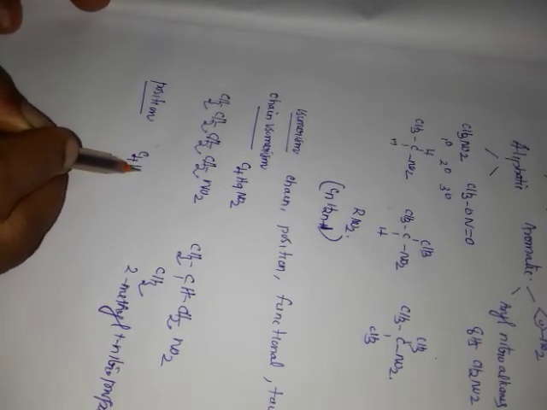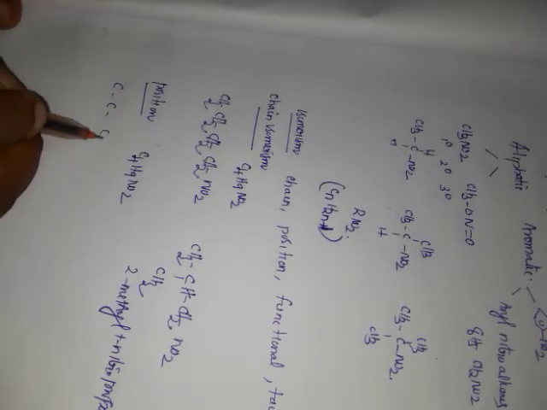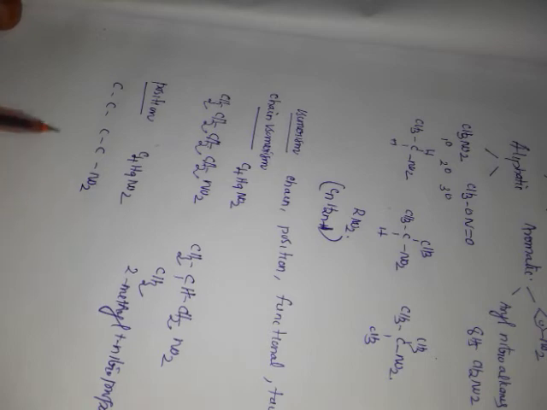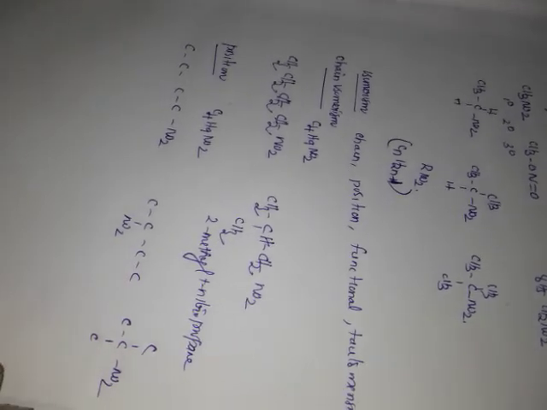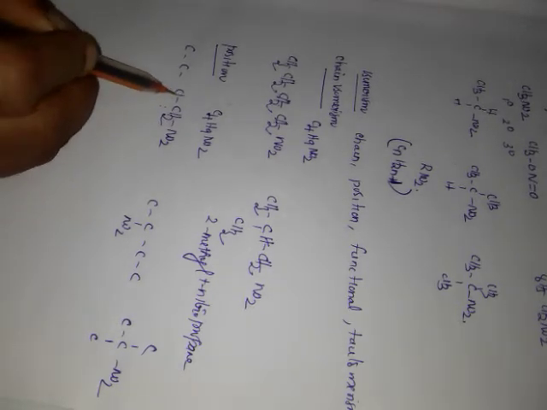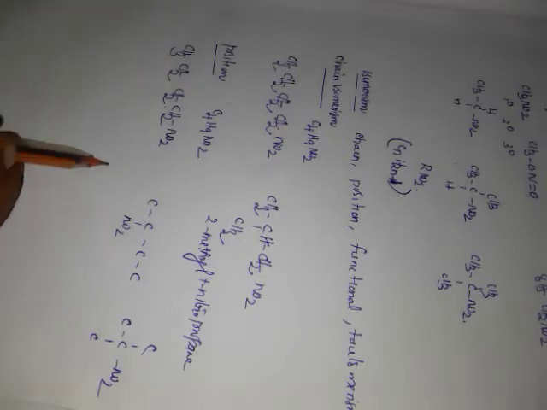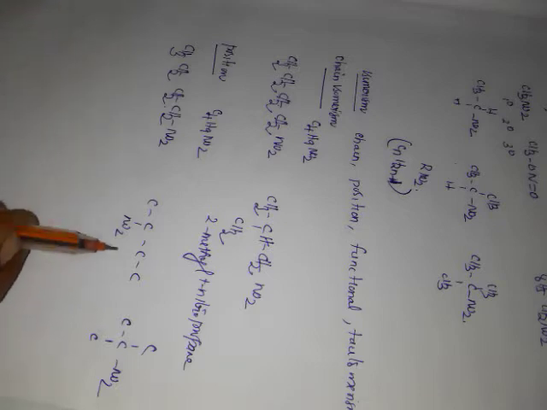Next, position isomerism, also with the formula C4H9NO2. To balance, see this carbon 2 bonds, so H2; this carbon 2 bonds, so H2; this carbon 2 bonds, H2; this carbon CH3. This is 1-nitrobutane.